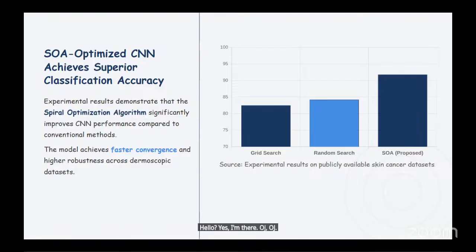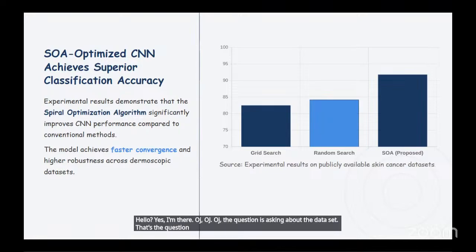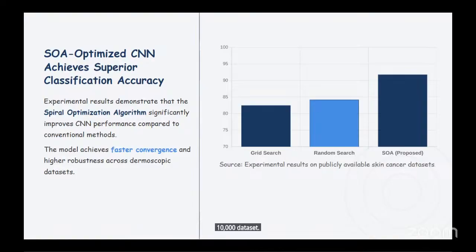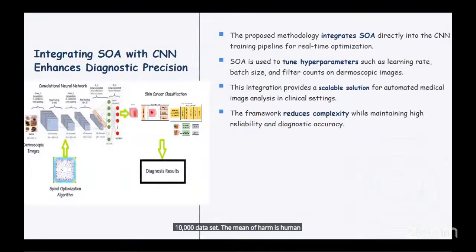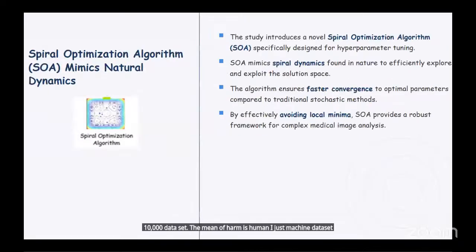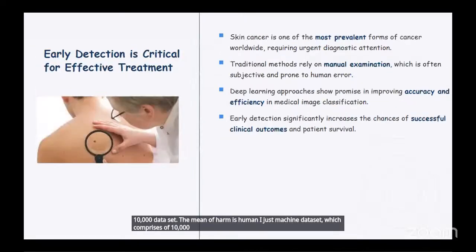Okay, the question is asking about the data set. That's question 2. I told you earlier on that I used the HAM10000 data set. HAM means Human Against Machine data set, which comprises 10,000 images of skin cancer.